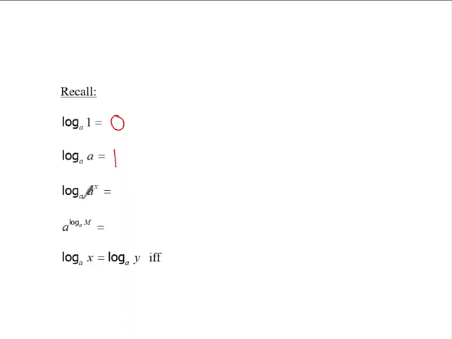Log base a of a to the x is equal to x. To clarify this one, anytime the base of the logarithm and the base of an exponential match, then that is equivalent to just the exponent.